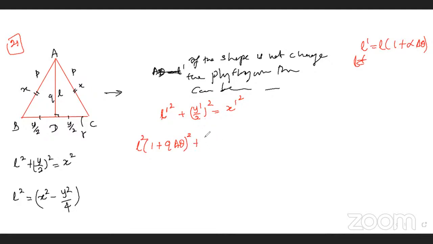The y dash you can write similarly, from y over 2: its initial length y, times 1 plus the linear expansion coefficient of the main rod, r delta theta. That should equal x, the initial length, times 1 plus b delta theta, all squared.